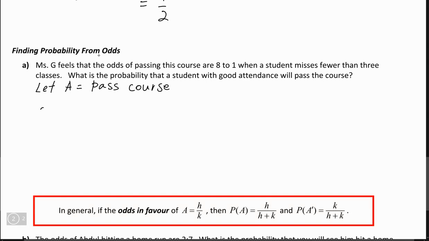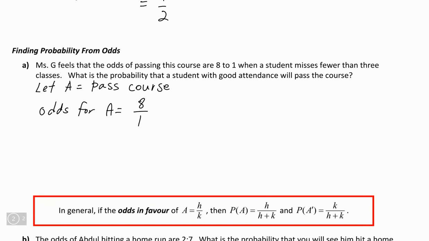The odds in favor of passing, for A, are 8 to 1. I'm going to write this ratio as a fraction, 8 over 1, and the reason I'm writing it as a fraction is so I can equate it to my formulas.